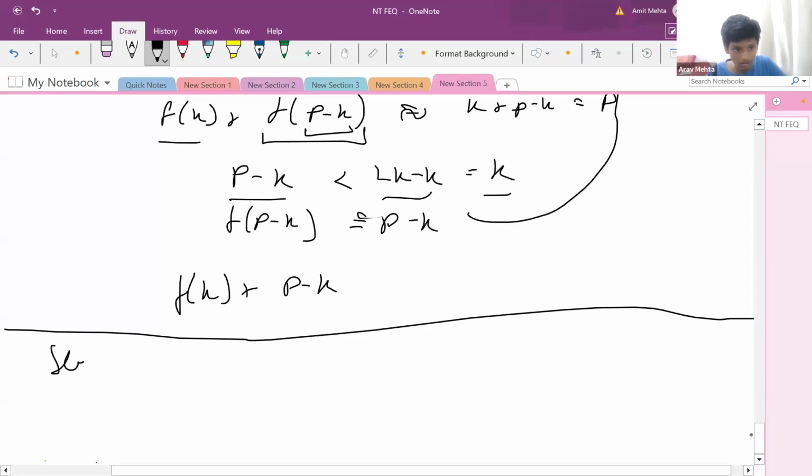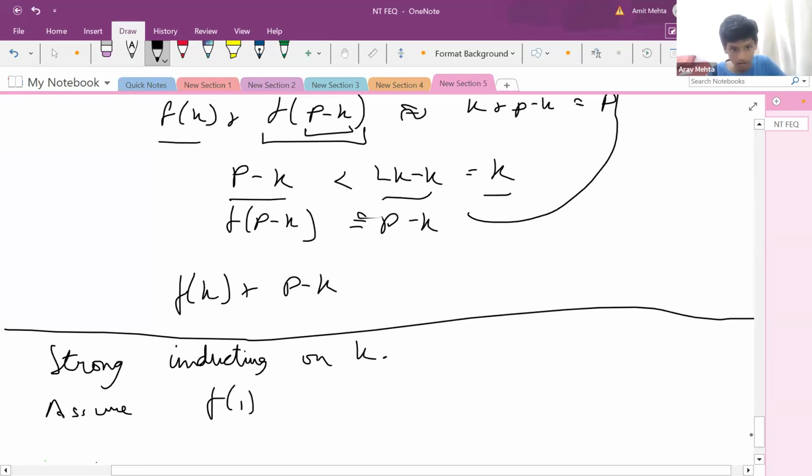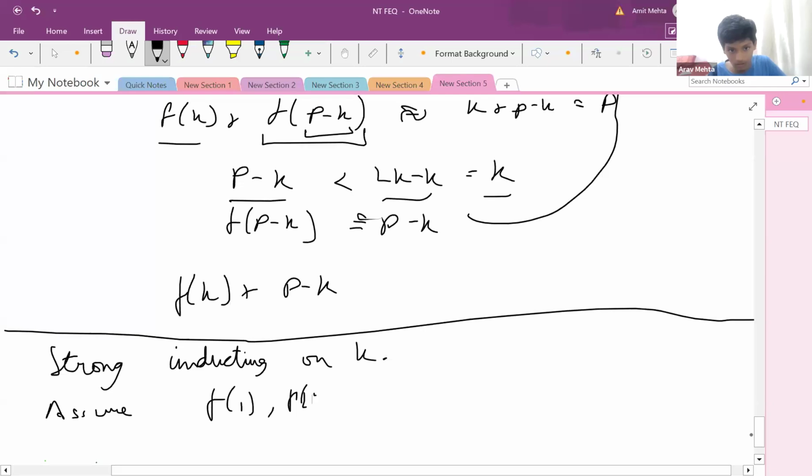So here we are strong inducting on k. We assume f of 1, f of 2, up to f of k minus 1 are all identity.